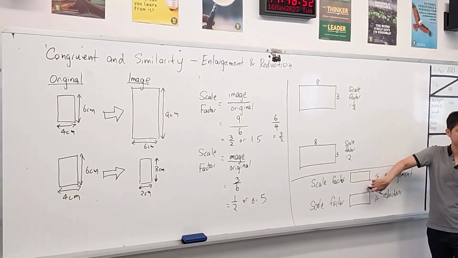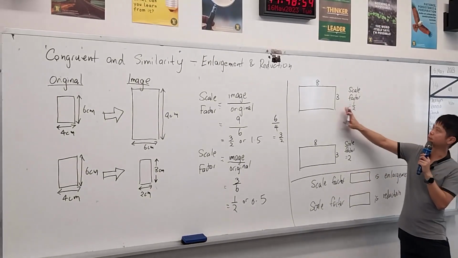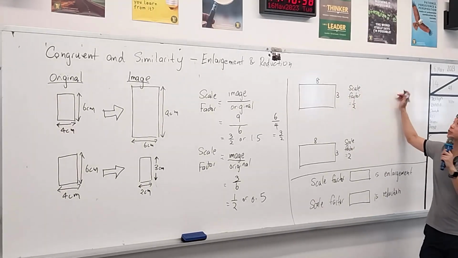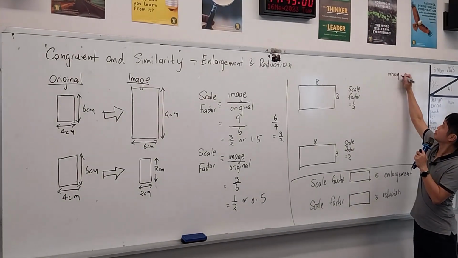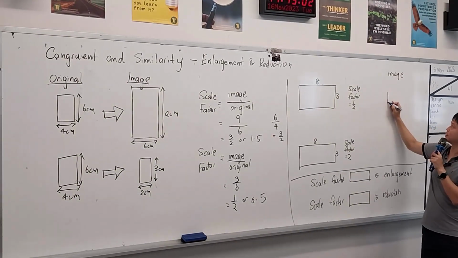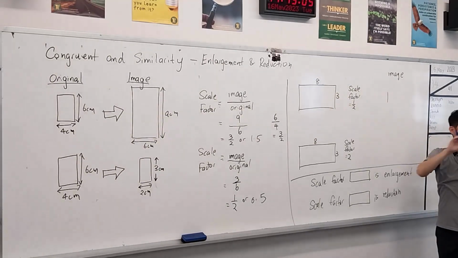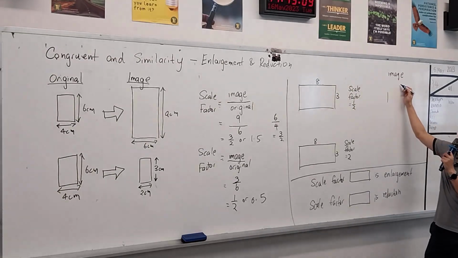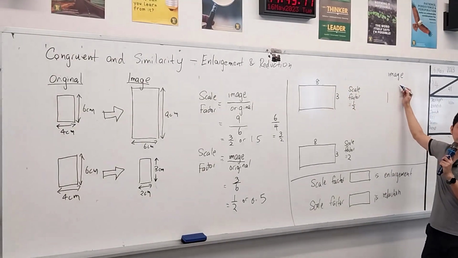Now, let's try this first, then we will do a conclusion. What is the pattern that you see here? I have a scale factor of half. How do I draw the image? It will be the same shape, but what is the length? If this is 8, what do we get here? 4.